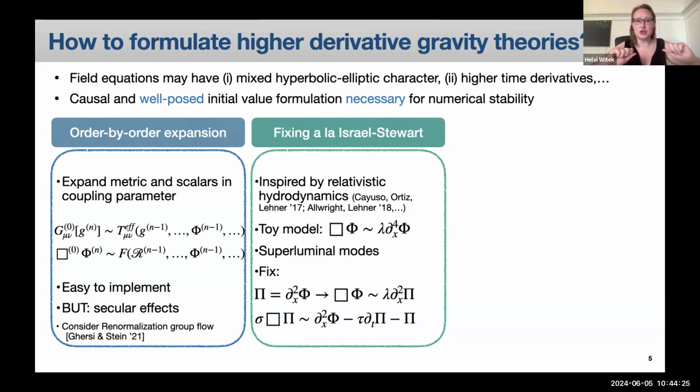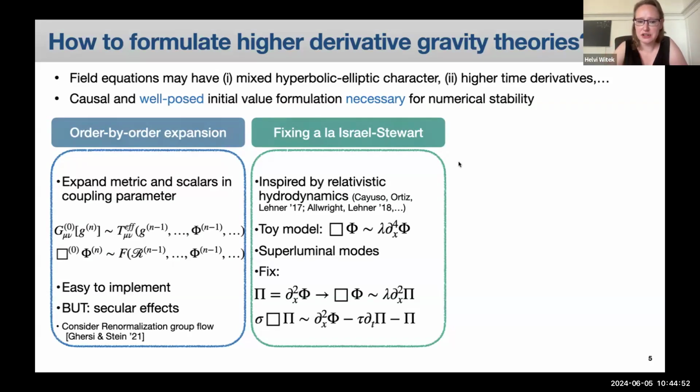And what you do instead is to introduce an auxiliary field that takes care of some of the higher derivatives or of the nonlinearities. And then you introduce a somewhat ad hoc equation that drives this extra field to the solution that it should be. And this is something that's regularly done in, as I said, relativistic hydrodynamics, following Israel Stewart.